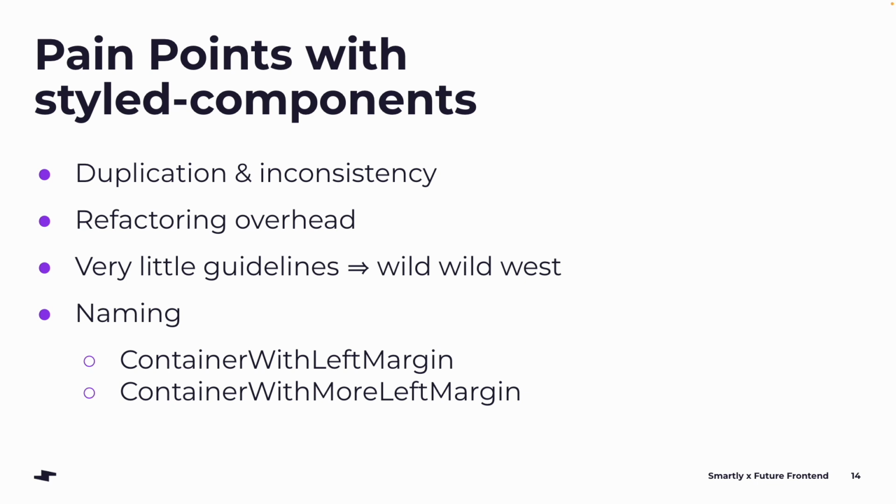And yeah, one thing at least personally, what I hate about style components is the naming, because naming in coding is one of the hardest things. When you need to come up with some nice name for how you call this component with margin on the left, and this one with a little bit more margin on the left, and then you have this one with margin on the left and something on top.